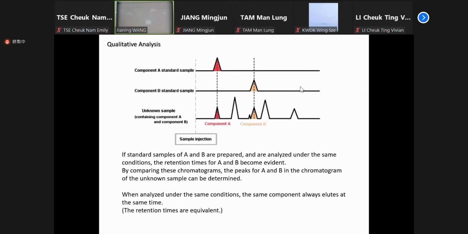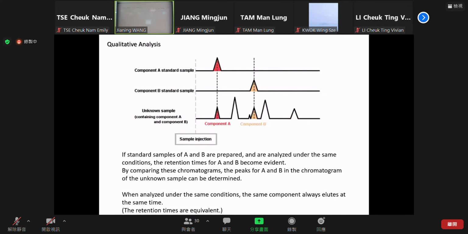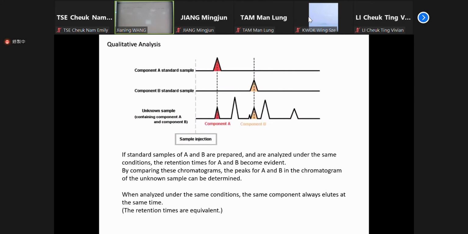Maybe some quite similar molecules have the same retention time. So the identification just applies to some simple situations, and you have some background information for your sample.